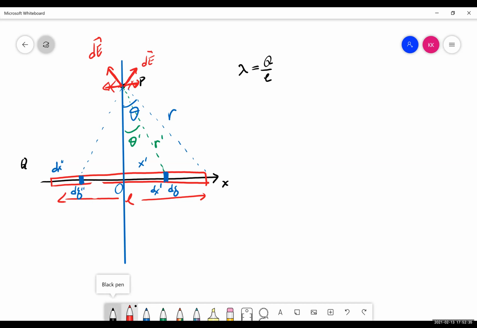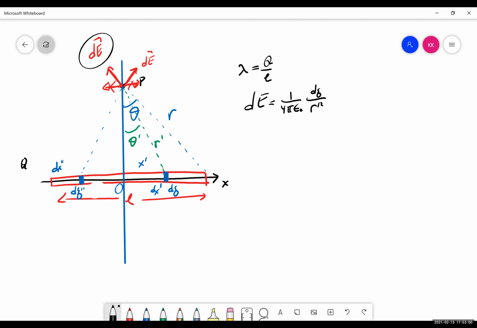Okay. So now what I can do here is find the expression dE for the electric field that element generates. This dE is equal to, I can do it in terms of k, but let me also do it in terms of this 1 over 4 pi epsilon naught. Remember, they are equivalent. So 1 over 4 pi epsilon naught dq over r prime square.